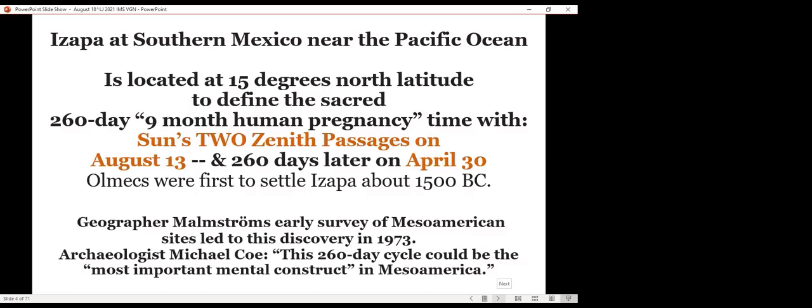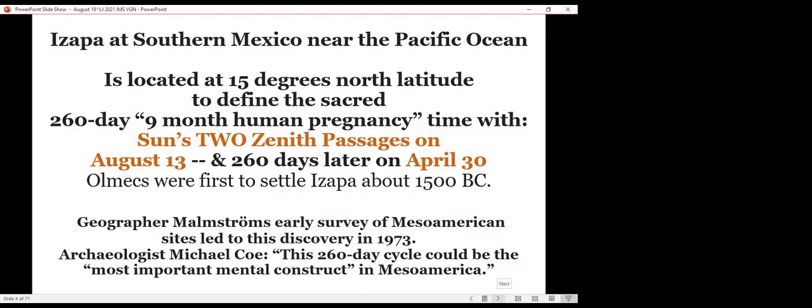A geographer, Vince Malmstrom's early survey of Mesoamerican solstice sites led to this discovery at Izapa in 1973. Without any archaeological data, he really argued strongly for this calendar system being invented at Izapa. At least we can say recorded it in great detail here like nowhere else.